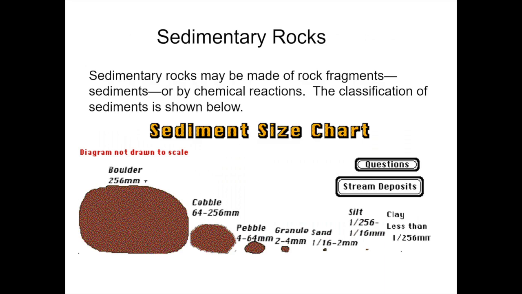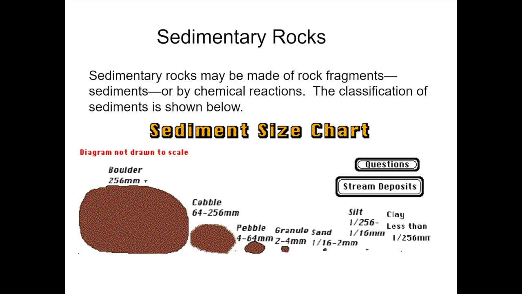Now, moving forward to the sedimentary rocks, again, these are formed in layers, usually from the deposit of sediments. And then those sediments, the size of those particles, oftentimes will determine the type of sedimentary rock that you're looking at. So, if we're looking at sediment sizes, the actual classification of those sediments, from biggest to smallest, we go from the boulders, and again, that's not what you would typically think of as a boulder, but about 256 millimeters would be the minimum size of a boulder in a stream bed.